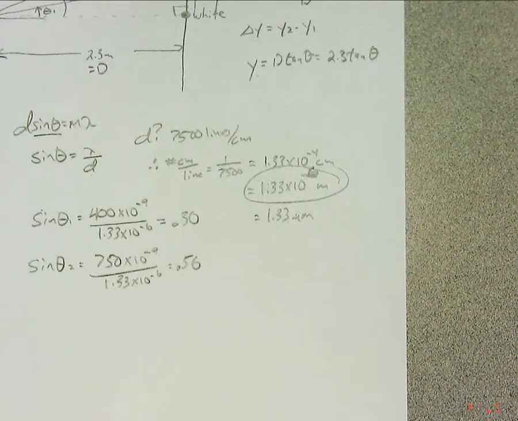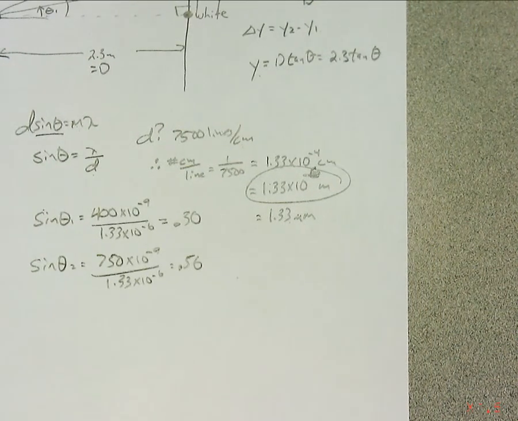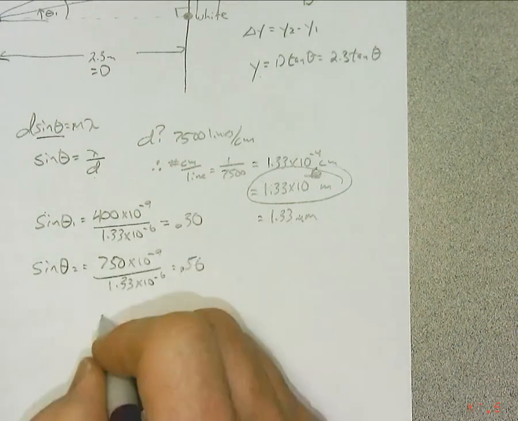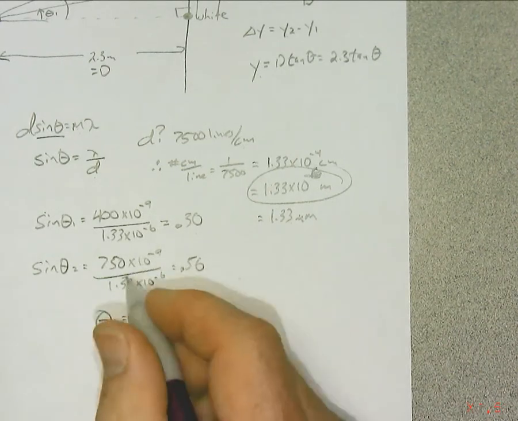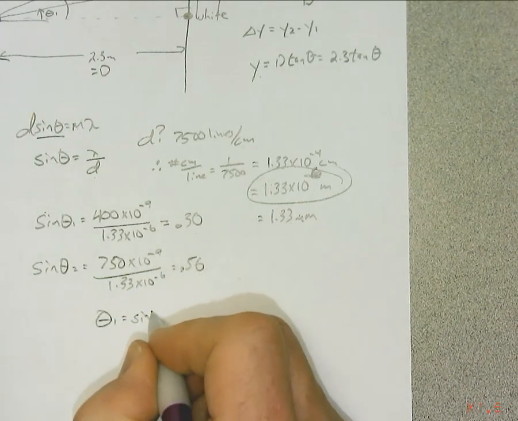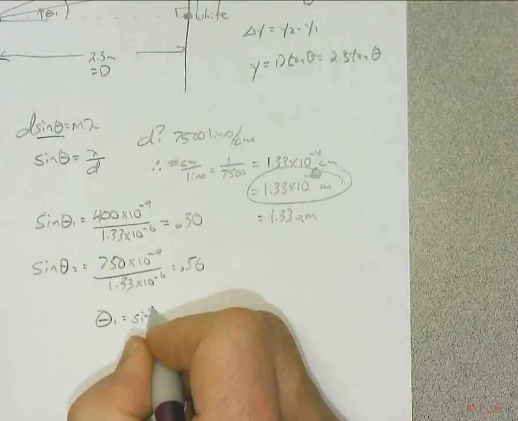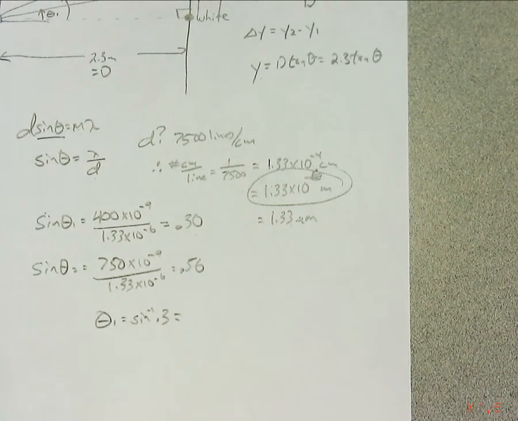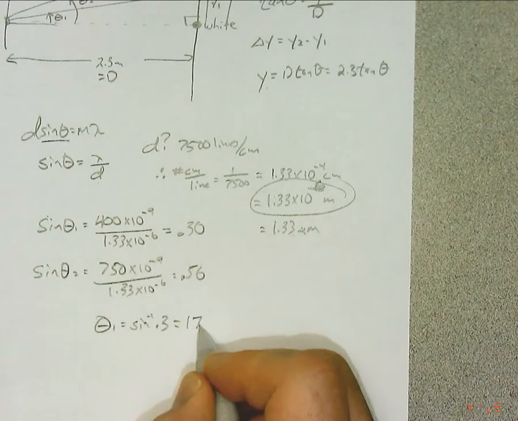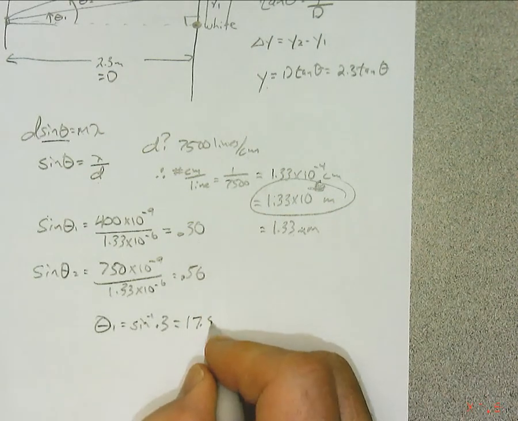So here we have theta 1. Theta 1 is equal to the inverse sine of 0.3, which is 17.5 degrees.